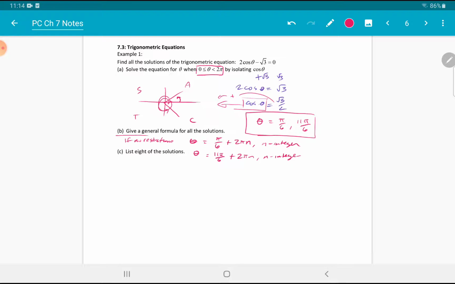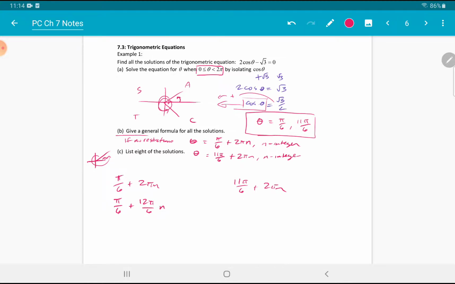Now it says list 8 of the solutions in the next part. So if we want to list the 8 solutions, we've got pi over 6 plus 2 pi n, and we also have 11 pi over 6 plus 2 pi n. Thinking about the first one, here's pi over 6, and if we add another 2 pi to that, if we want a common denominator, let's add 12 pi over 6 n.